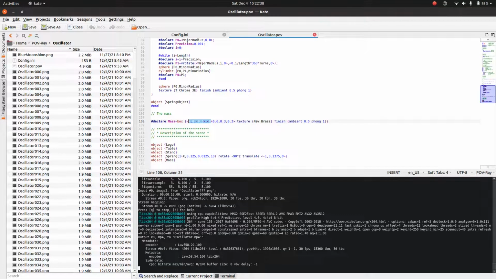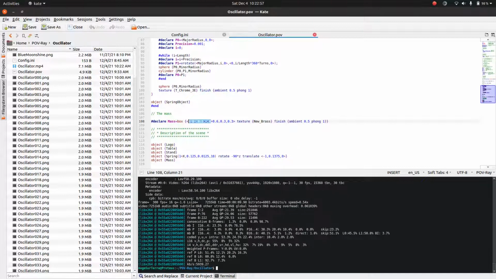So let's go for it. And this will be relatively fast. Just a few more seconds. Done. And now let us see the results.